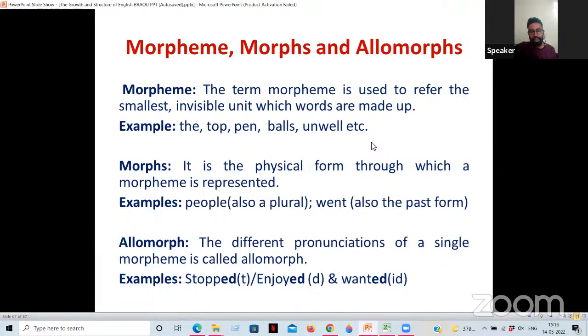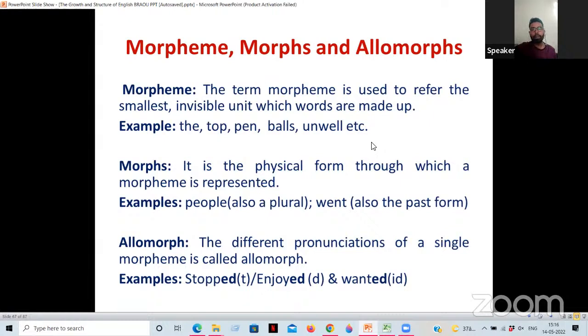Now this ed has different ways of pronunciation. In the first word, it simply means a t sound at the end, like stopped, not d. It will be pronounced as stopt, not stopd. In the next word, it will be pronounced as enjoyed.